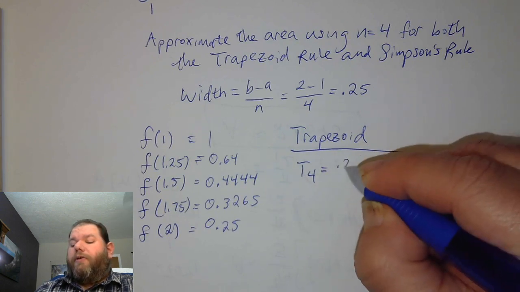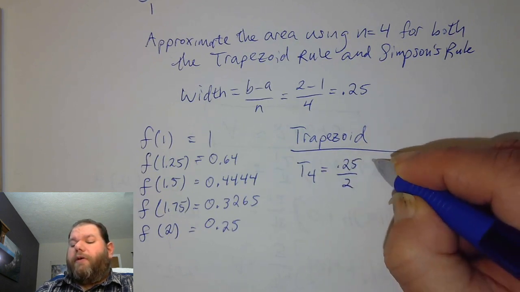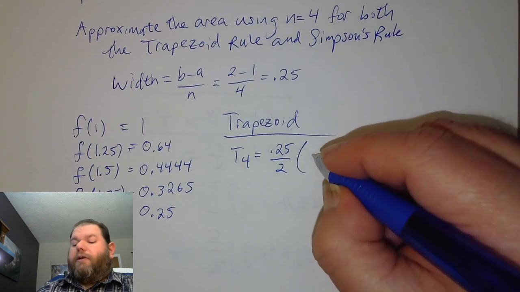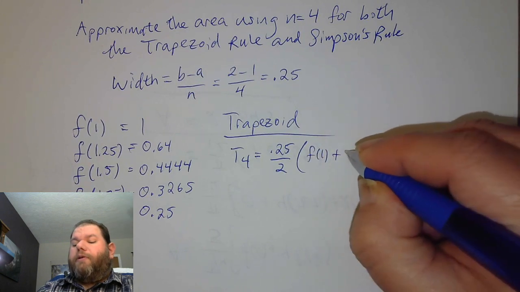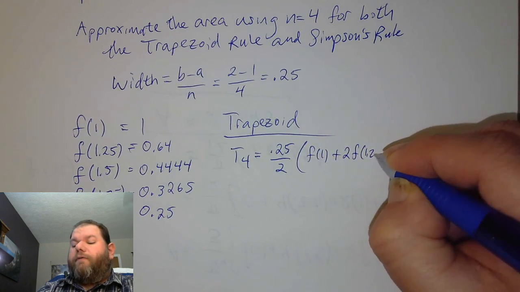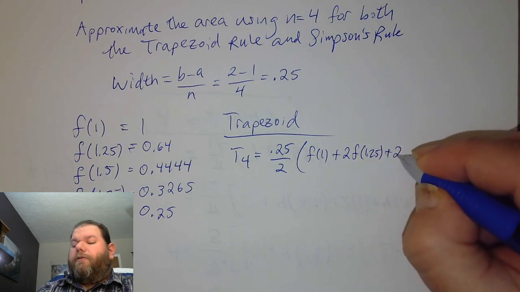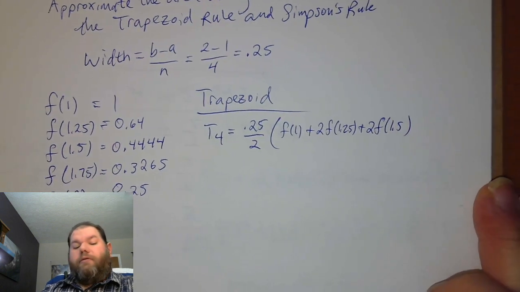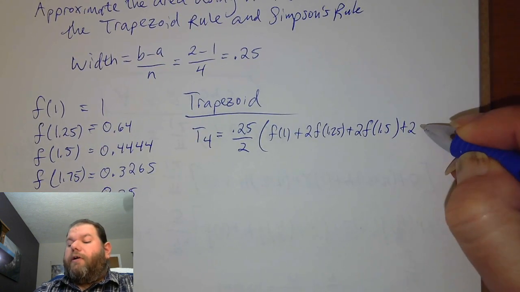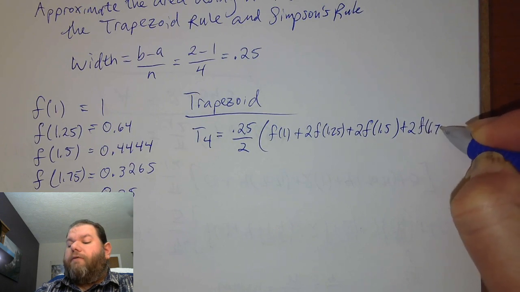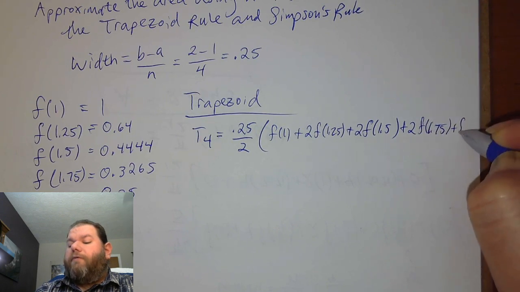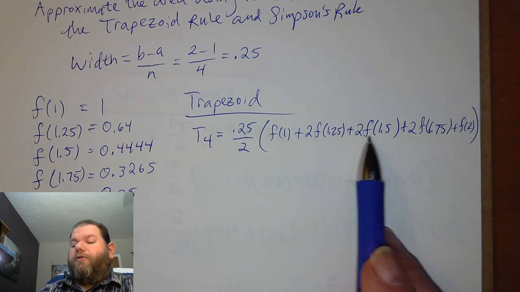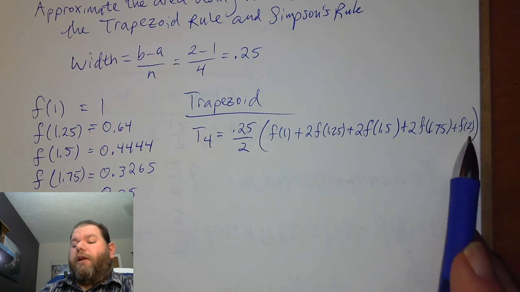So we take our width divided by 2 on the outside, and we'll take f of 1 plus 2 times f of 1.25 plus 2 times f of 1.5 plus 2 times f of 1.75 plus f of 2. So again, trapezoid rule, we multiply each of the terms in the middle by 2 and the beginning and end by 1.